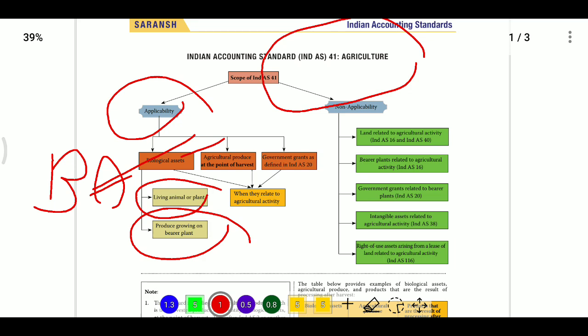Now agriculture produce at the point of harvest means harvested product from biological assets, the output of biological assets.